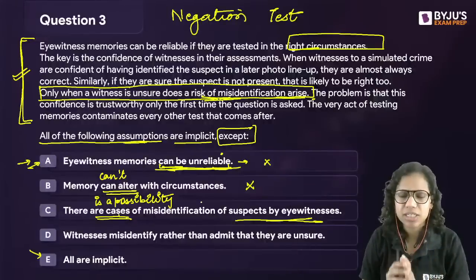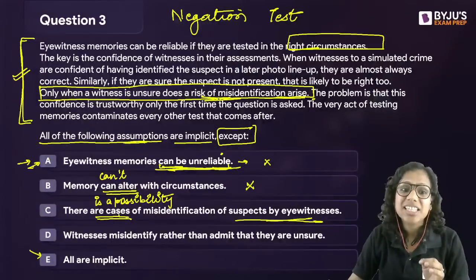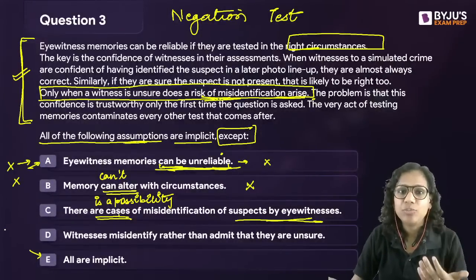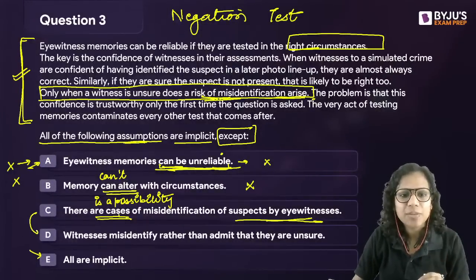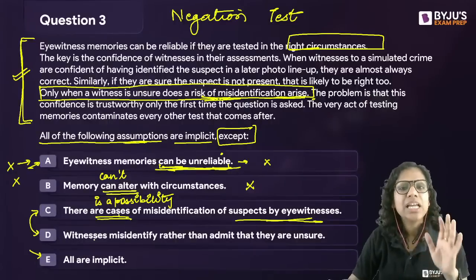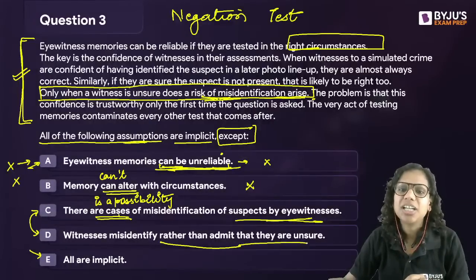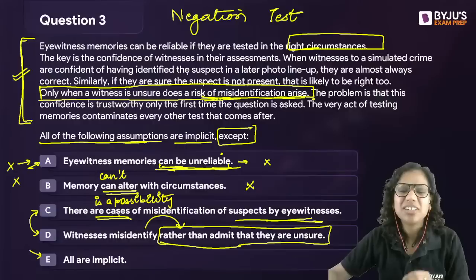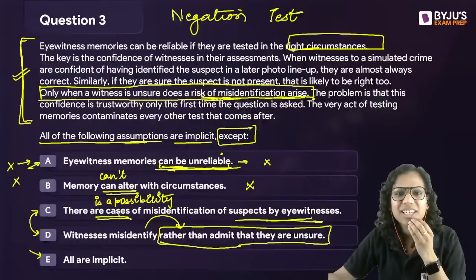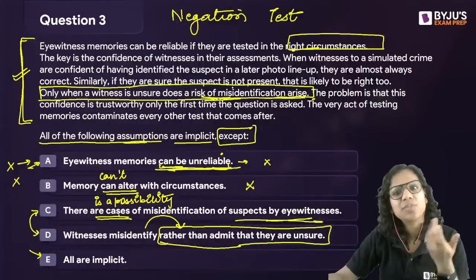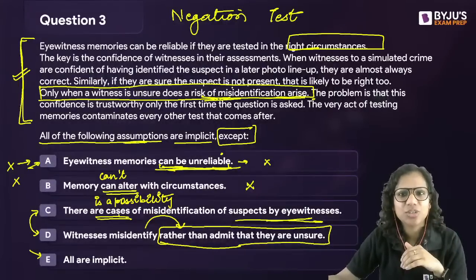If thinking this, you've marked C. But again, we have to eliminate and through elimination arrive at our answer. So let's compare C and D. D says witnesses misidentify rather than admit that they are unsure. Has this been written? Has this been implied? Is this implicit in any of the statements that the author says that witnesses do this? They misidentify rather than admitting that they're unsure.